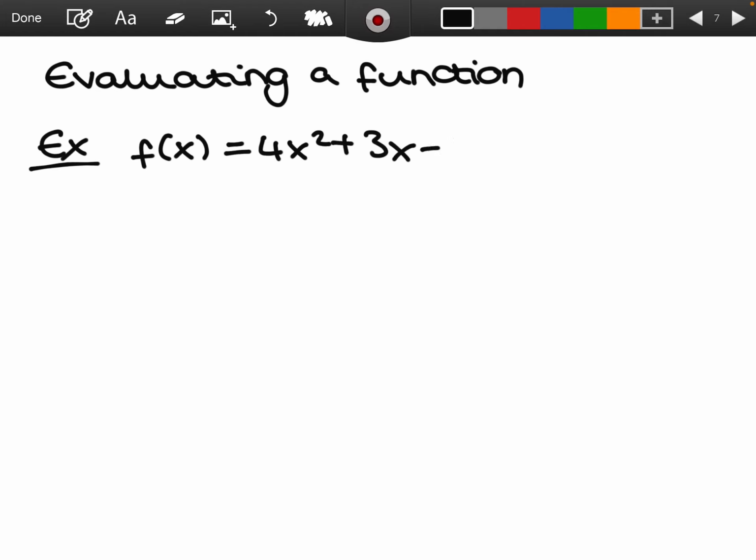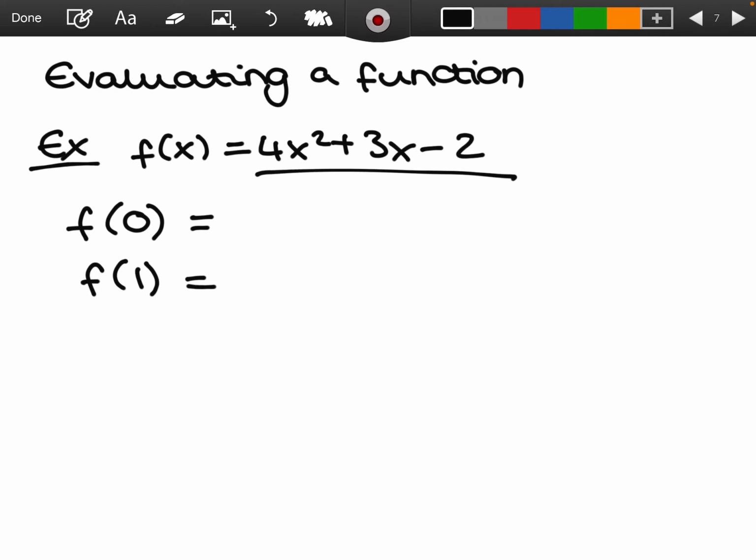So let's say that f of x is equal to 4x squared plus 3x minus 2. I want to find f of 0 and we'll do f of 1. So we're going to find out where both 0 and 1 map to.